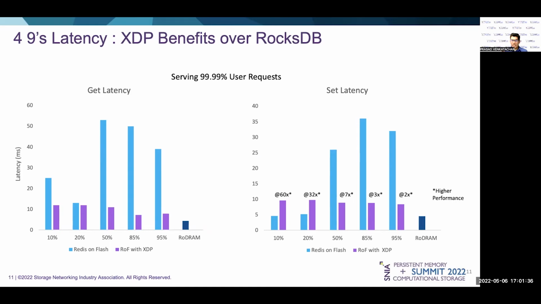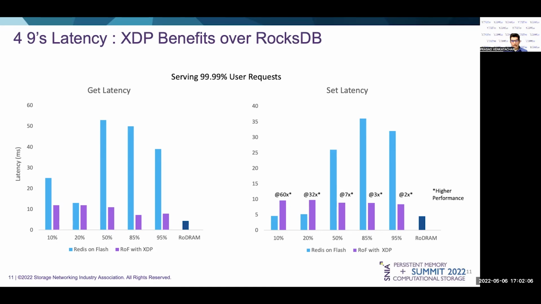The objective was, as you increase the data set from 300 GB to 3 terabytes, to make sure XDP delivers close to a consistent latency across the DRAM hit ratios. Whereas with Redis on Flash without XDP, you see significant spikes at 50%, 85%, 95%.